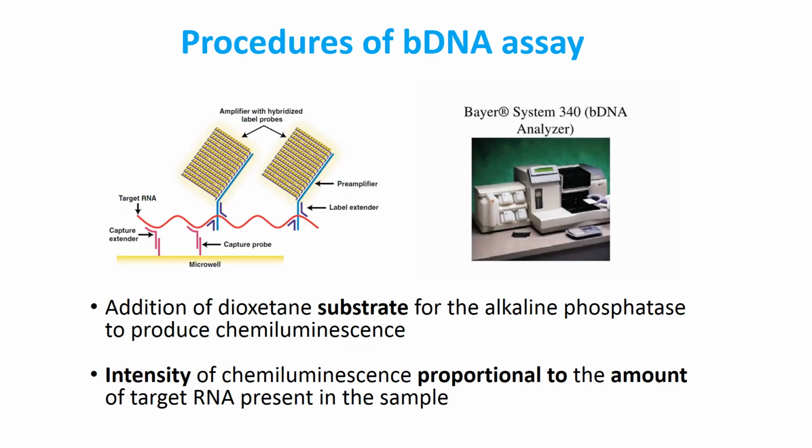The last step is adding alkaline phosphatase substrate into microwell, and the produced chemiluminescence will be detected and analyzed by a branched DNA analyzer. The intensity of chemiluminescence is proportional to the amount of target DNA or RNA present in the sample.